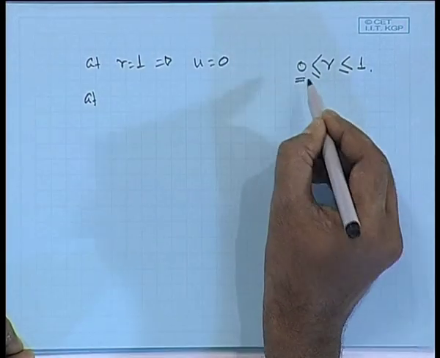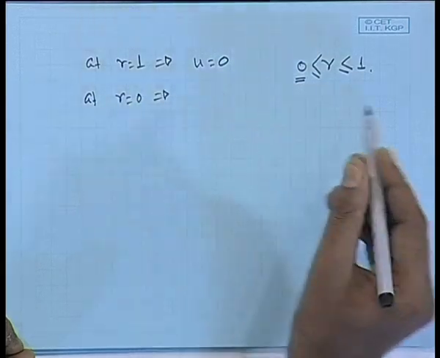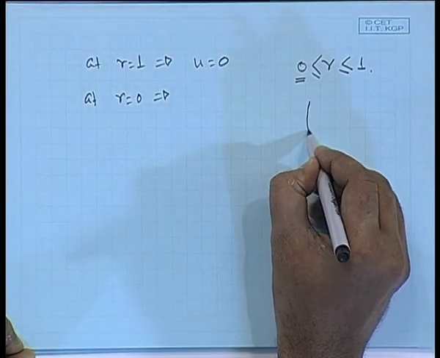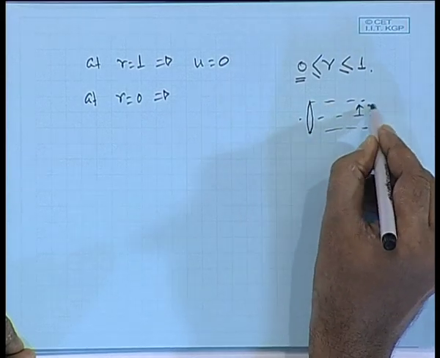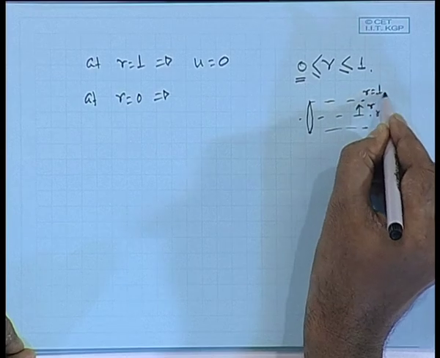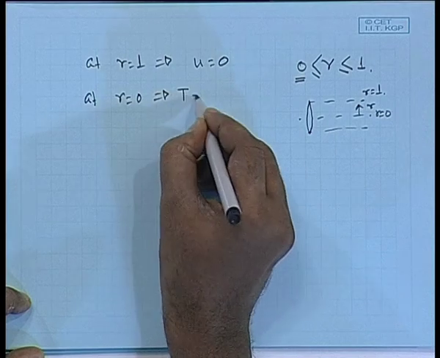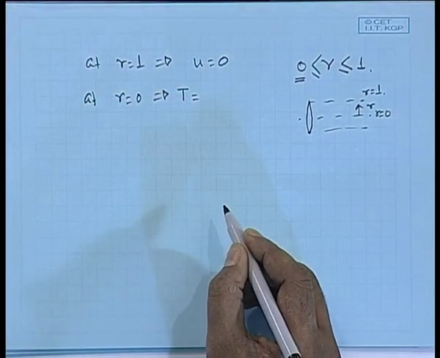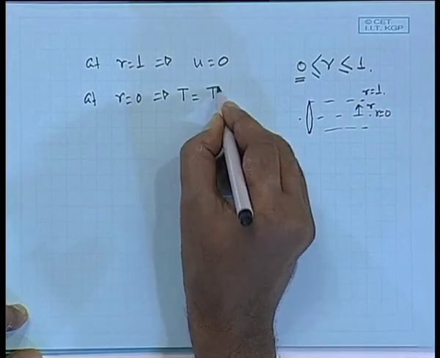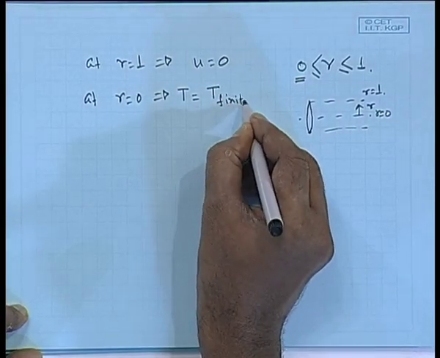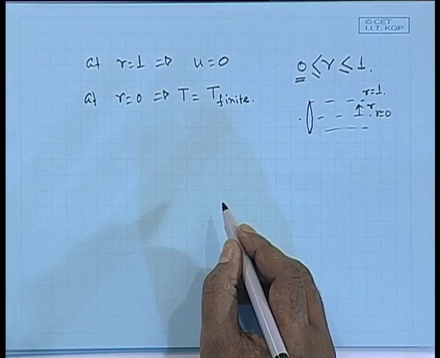We also have to define a boundary condition at r equal to 0. At r equal to 0, it is basically the central line. This is r equal to 0, this is r equal to 1. At r equal to 0, it is the central line temperature, so T must be assuming some finite temperature. So, we write it as T finite, we really do not know the value of this T finite.